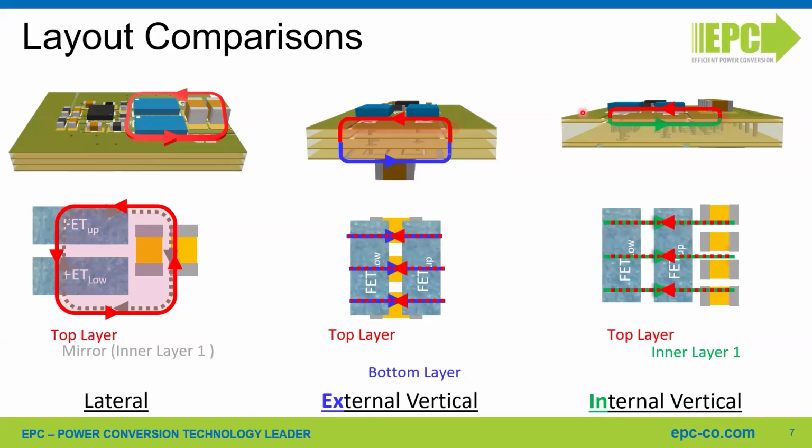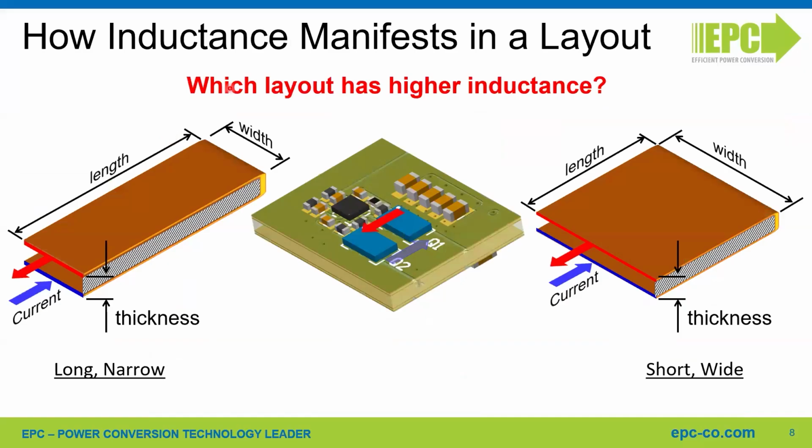How can I evaluate which is the layout with the minimum inductance? As a matter of fact, the approximate equation for estimating the inductance of a path and its return is the magnetic permeability times its length, times the thickness, divided by the width of the path.